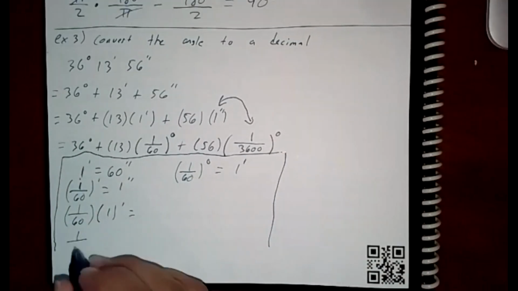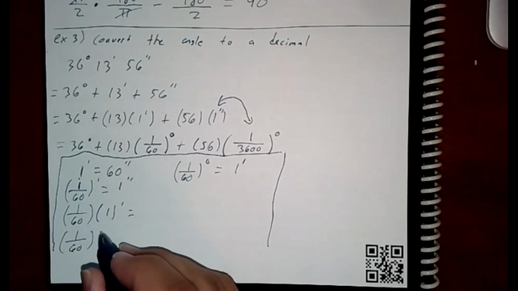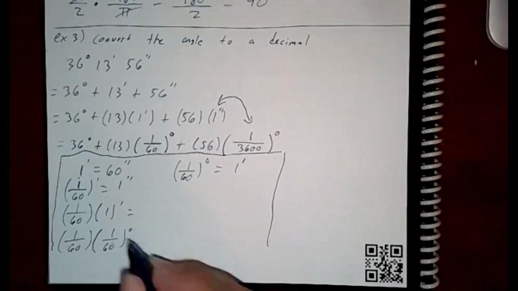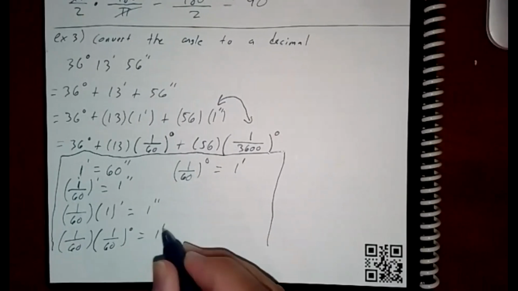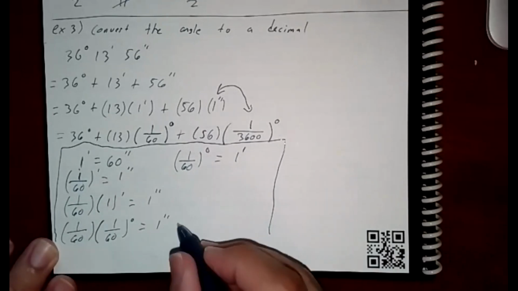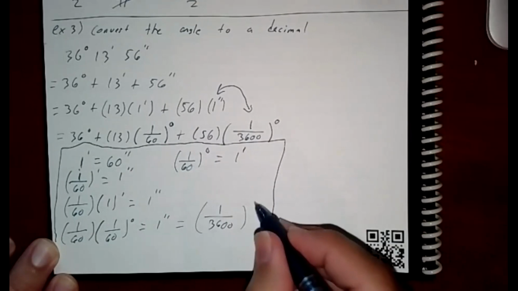So we have 1/60 times 1/60 degrees. So all of this is equal to a second, right? So that's why it's equal to 1/3600 degrees.